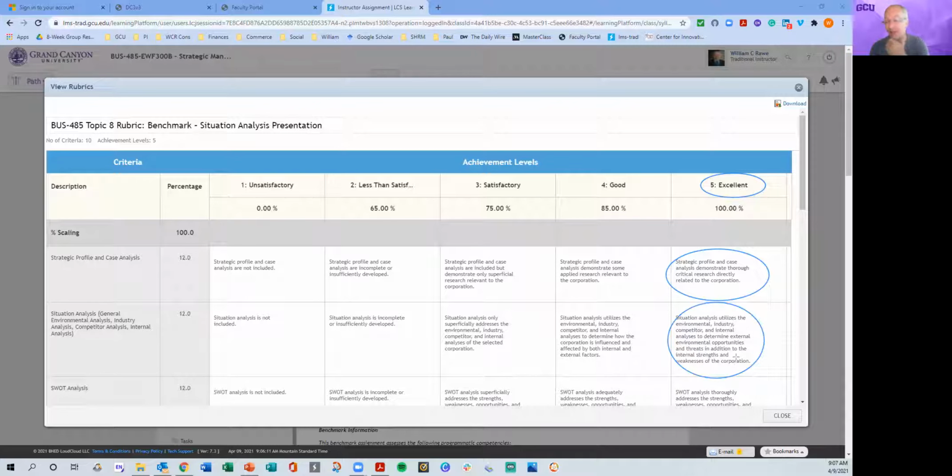Situational analysis utilizes the environmental, industry, competitor, and internal analyses to determine external environmental opportunities and threats, in addition to the strengths and weaknesses of the corporation. So it's essentially your SWOT analysis, but you need to help me understand how you came to identify your particular strengths, weaknesses, opportunities, and threats. So make sure that's clear in your PowerPoint and in your speaker notes.